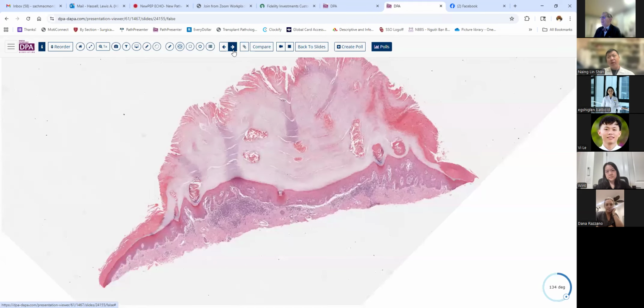So let's say for exam purposes, if you see a case where you suspect a melanoma, would you refer the patient to the general surgeon or the dermatologist? Well, I think in that situation, if you're suspicious that it's a melanocytic lesion, that's going to need a primary good excision.